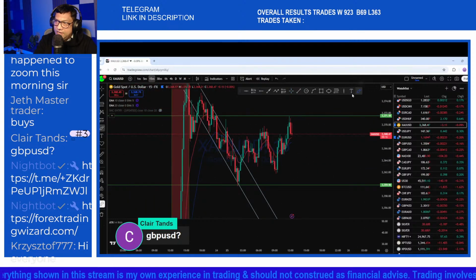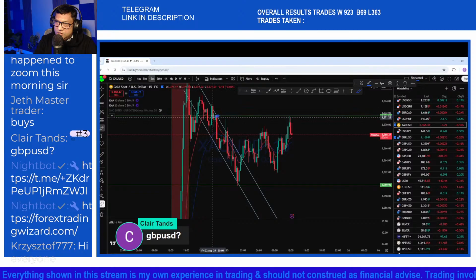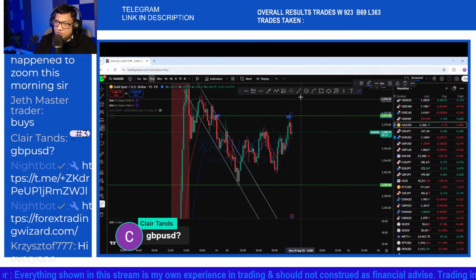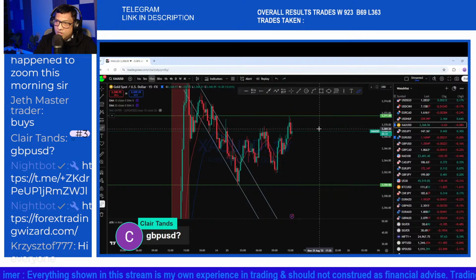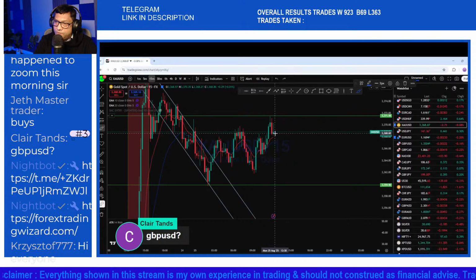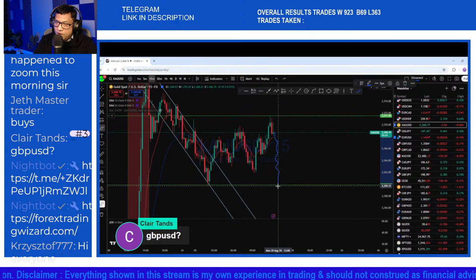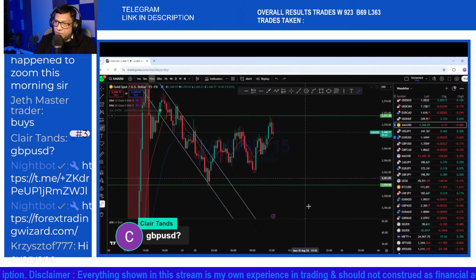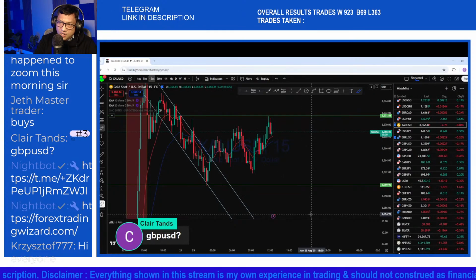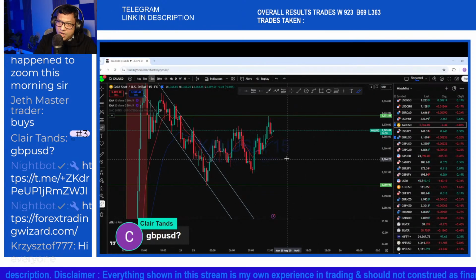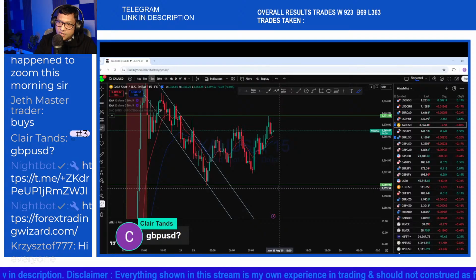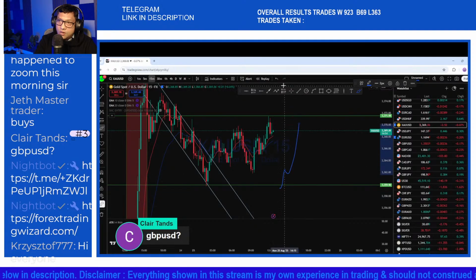What we can see here is a resistance and also the resistance, and the market did not hit that gap level, so expecting the market to potentially trend back here. That's what we're looking at in this market, for the price to potentially come back here, test the level, and then revert back again.